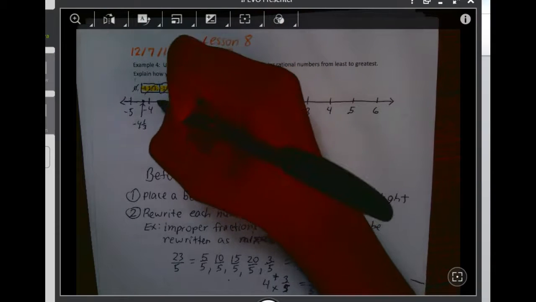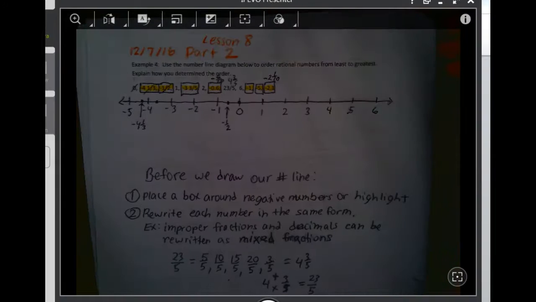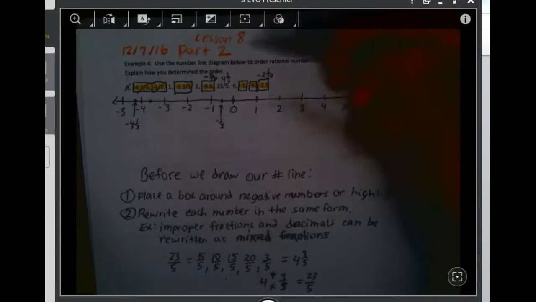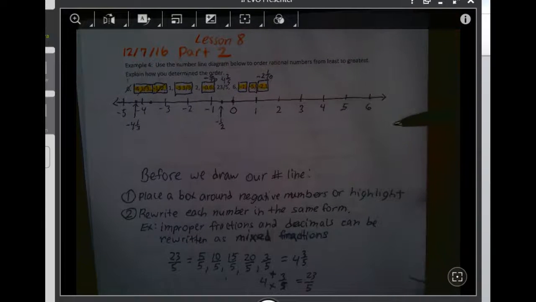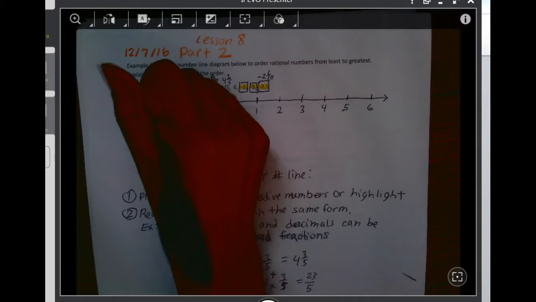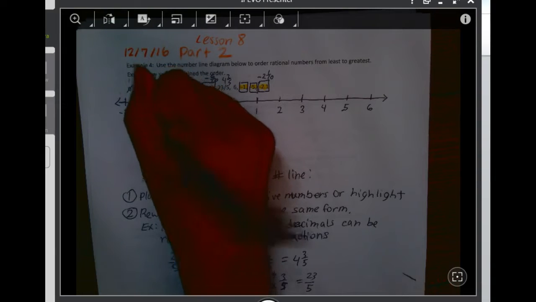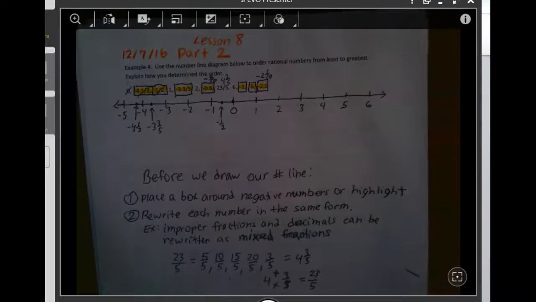So I'll go over here. We don't have to be as exact because we're ordering from least to greatest, and there aren't any other numbers that close to negative 3 and 3/5, but I wanted to be a little bit accurate. So negative 3 and 3/5. We're going to cross that one out.